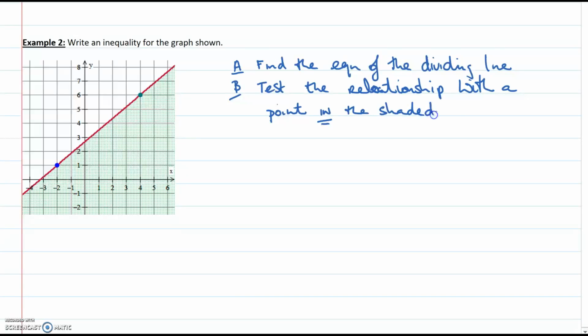Okay, so we'll see what that means as we go through. Okay, so the first bit is to find the equation of the line.